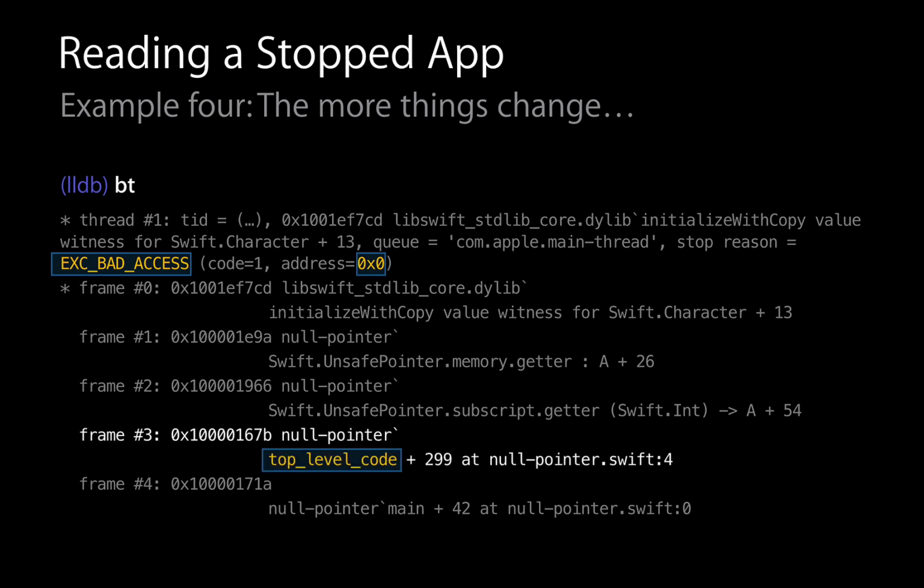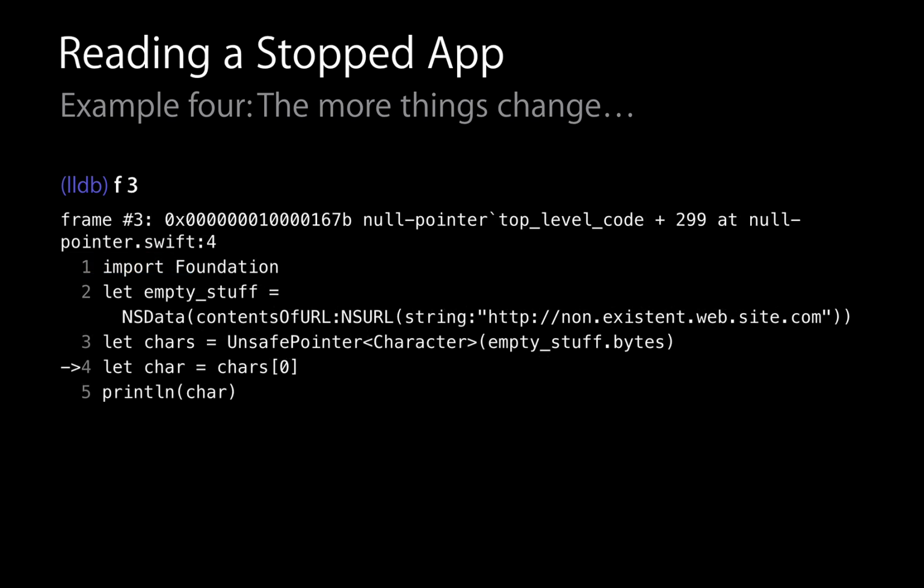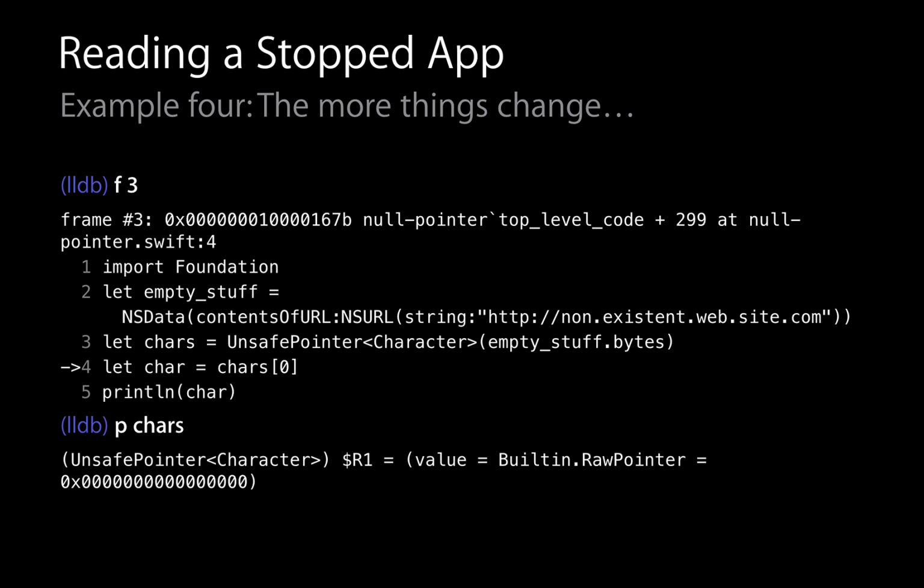Well, let's have a look and see what our top-level code is doing here. I go to that frame and I look at my code. The code is importing Foundation, and it's getting some NSData from a URL that looks kind of suspicious. And then it looks at the bytes property of the resulting data and pulls out the first element of it. What's the problem here? Well, let's look at chars. Chars is a null, unsafe pointer.